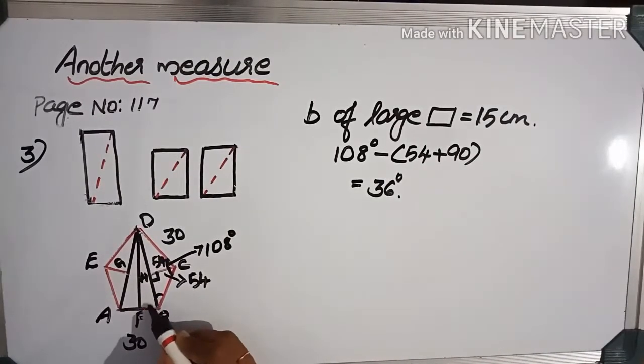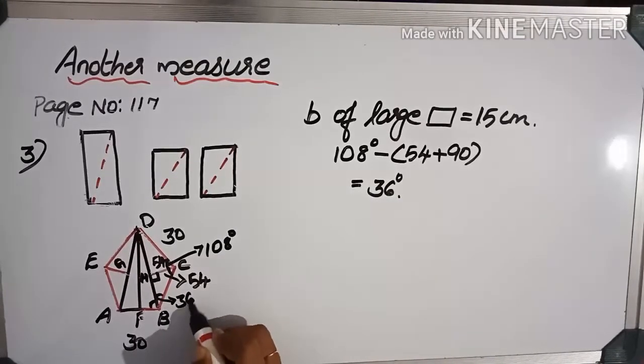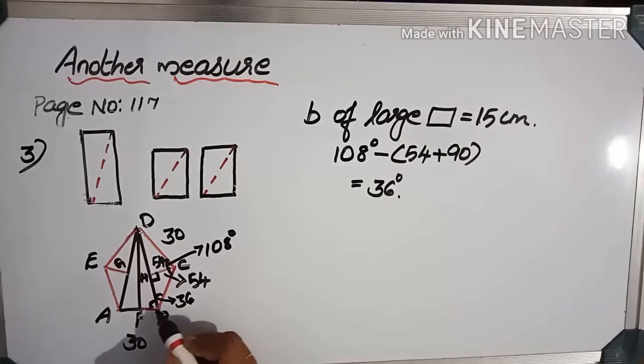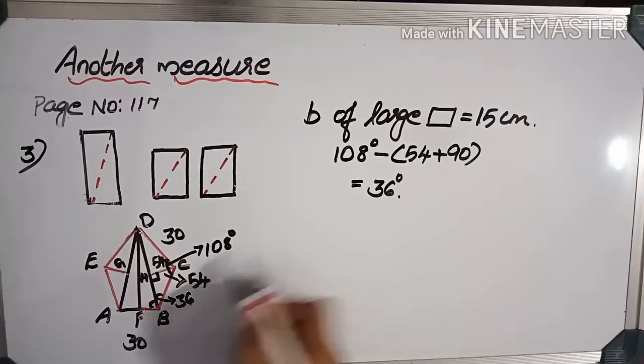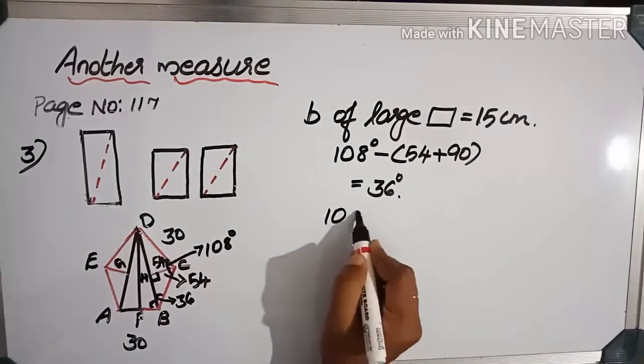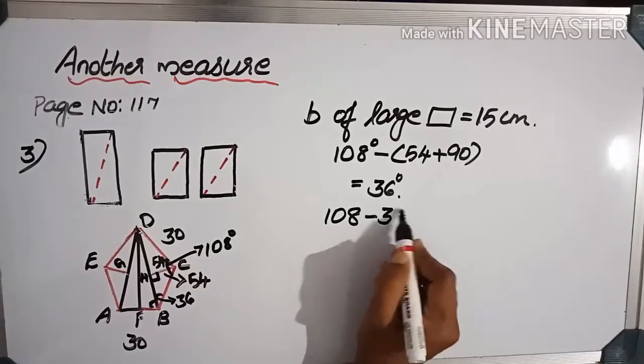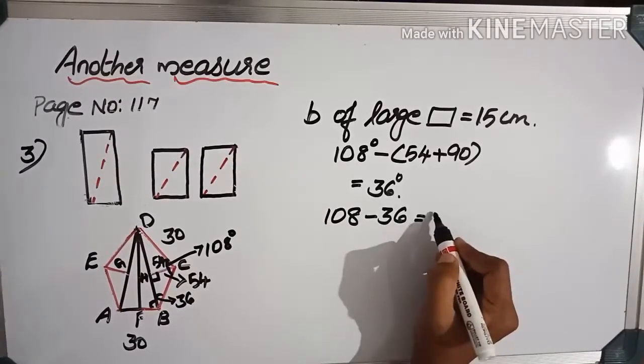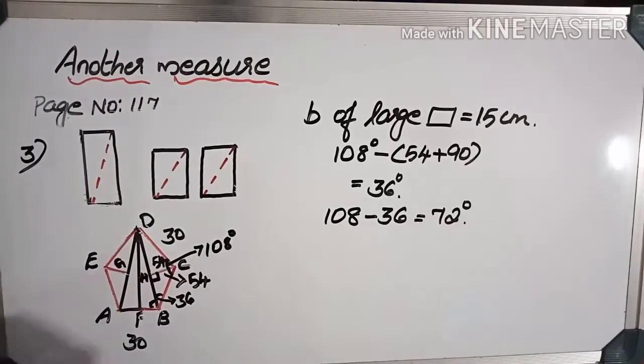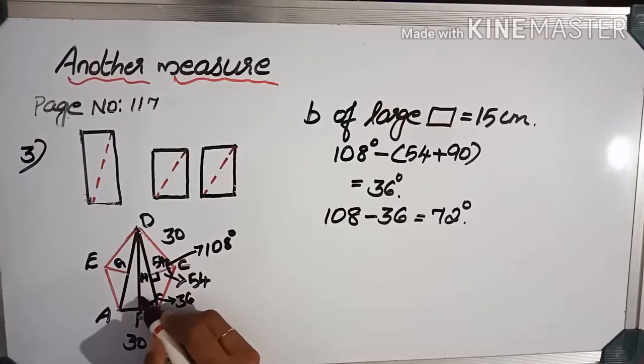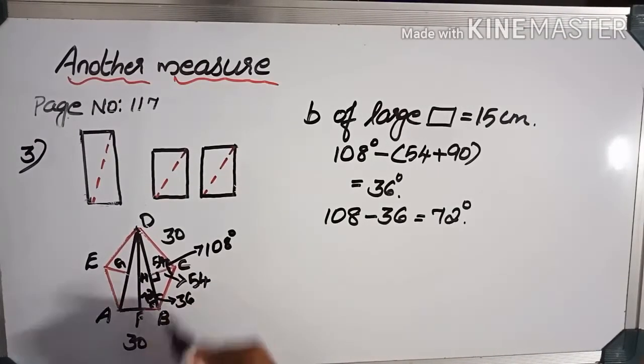And this angle, out of the total 108, one angle is 36. So 108 minus 36, the remaining will be 72 degree. That means this angle is 72 degree.